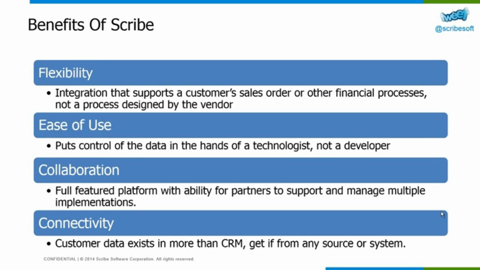And then when that collaboration is complete, you can uninvite them, and now you're back to just your own control over your integration scenario. And then the fourth area is around connectivity. So using Scribe Online and investment in Scribe Online really enables you to use it for more than just a point-to-point integration. You really can use it with Intacct or with other applications that you have within your organization.